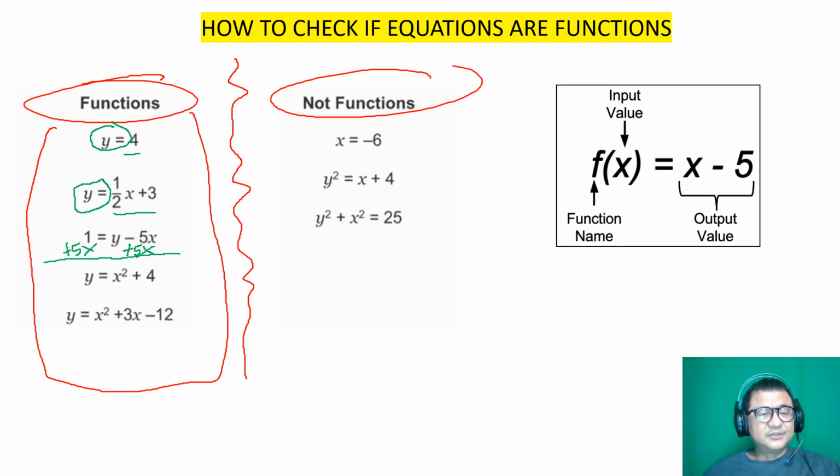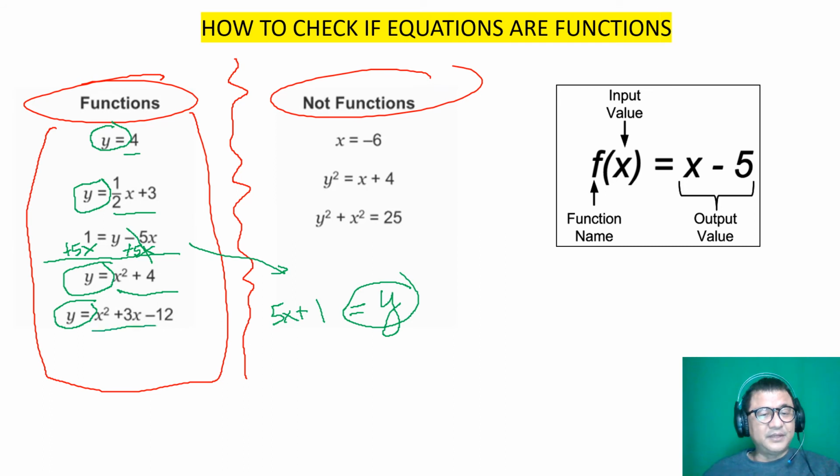So this becomes y is equal to, that cancels out, 5x plus 1. Here again, y is alone, followed by a term. So take note, an equation is a function if you see y is equal to something.